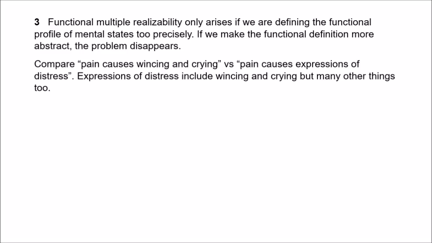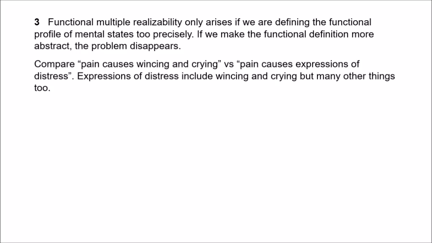And so if we're wanting to provide a functional definition of pain, if we're wanting to say what the functional profile of pain is, the latter is clearly more plausible, right? We wouldn't want to define pain as something that causes wincing and crying, because there are many pains that don't make us wince and cry, but pain causes expressions of distress maybe is more plausible.